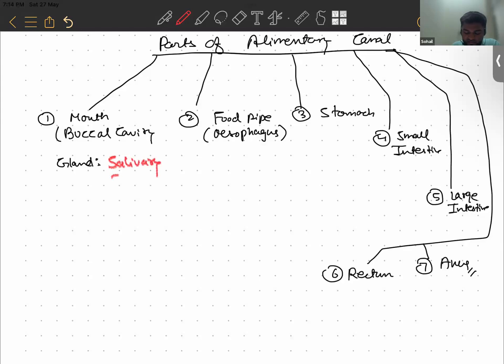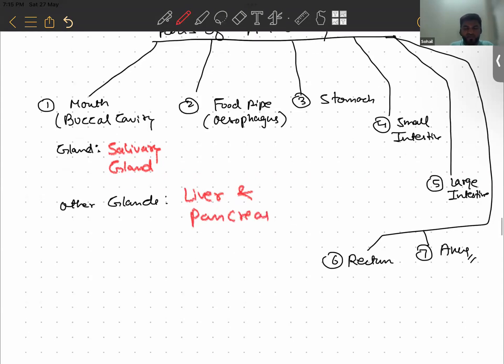Now, if you move on further, what are the other glands? Liver and pancreas.